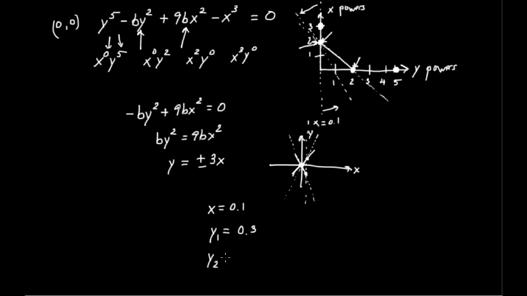And then y2 for that other line is going to be minus 0.3. So we have, in an approximate sense, the point 0.1, 0.3 is approximately on the curve. And correspondingly, the point 0.1, minus 0.3 is also approximately on the curve.